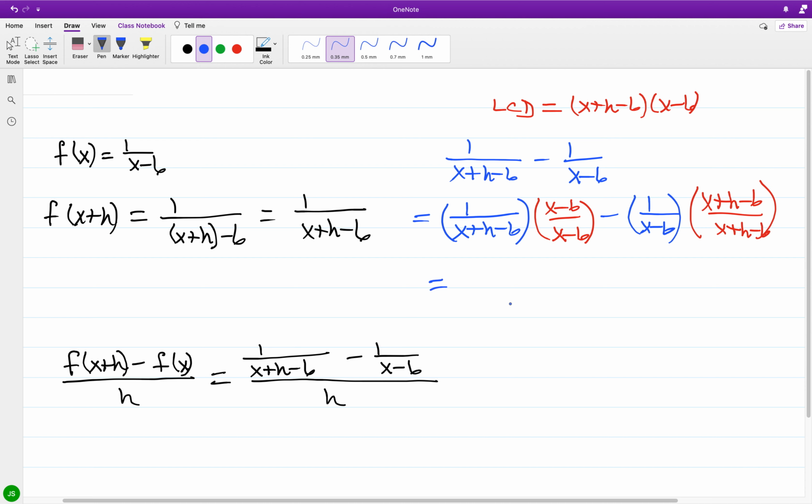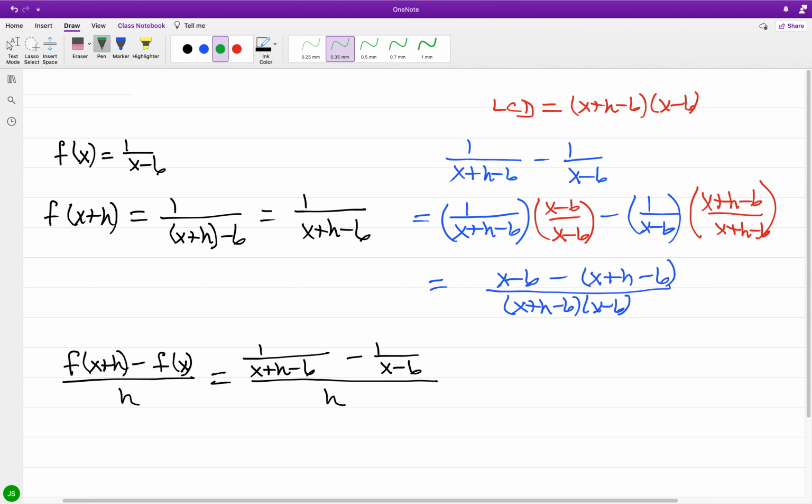So looking at what we have now, okay, so we had the least common denominator. And then we have first set of terms. Okay, we have in the numerators, we have 1 times x minus 6. And we have minus, okay, what's going to be the quantity of x plus h minus 6.